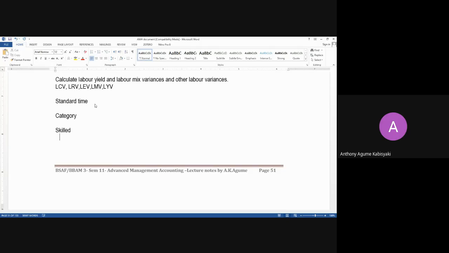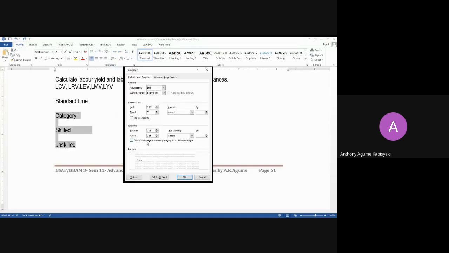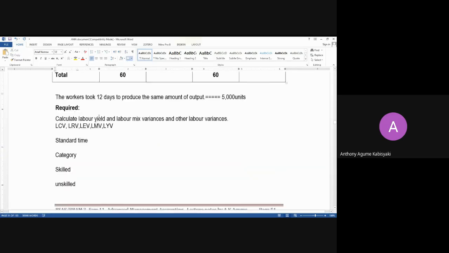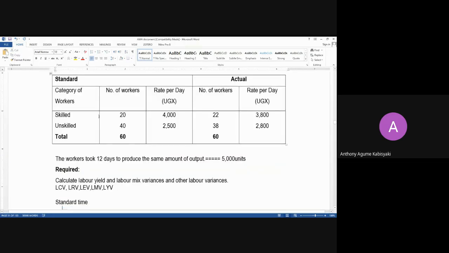I have skilled, and then I also have unskilled. These are the two categories that I have.